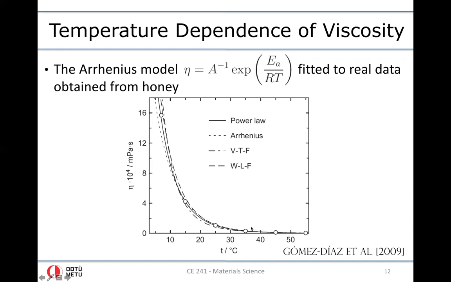So you can use the Arrhenius equation to explain the temperature dependency of the viscosity. In other words, the higher the temperature, the smaller the viscosity becomes. In other words, the resistance of the fluid against flow decreases with temperature.